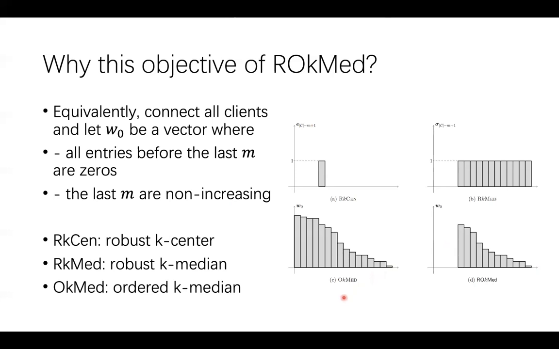In ordered k-median, the entries of the weight vector are sorted in non-increasing order. And finally, in our problem, all entries before the last m are zeros and the last m are non-increasing. So we can see that our objective easily generalizes these previously studied problems.